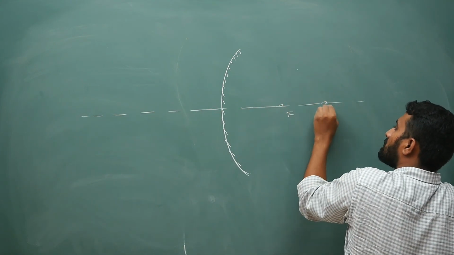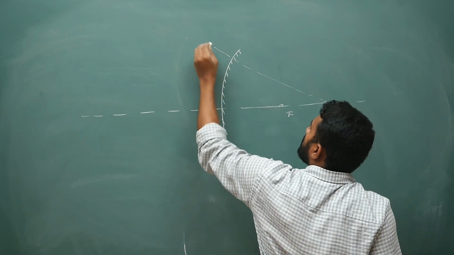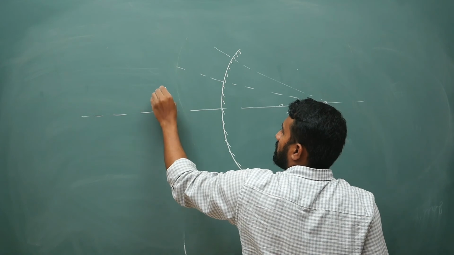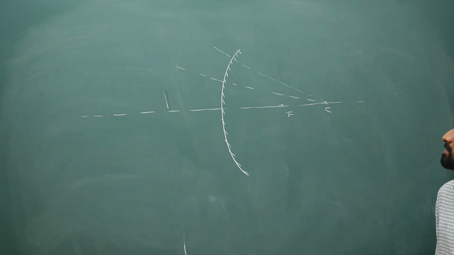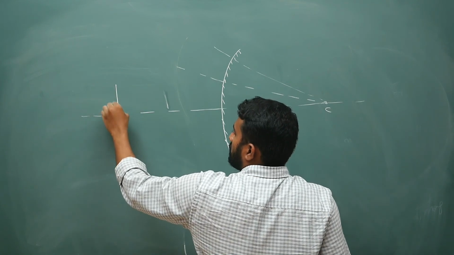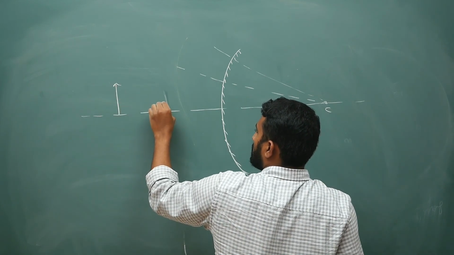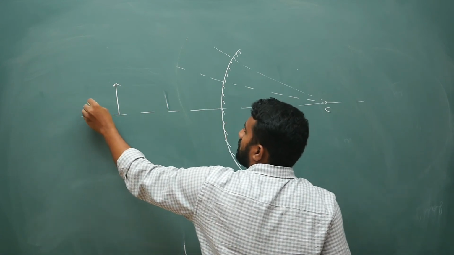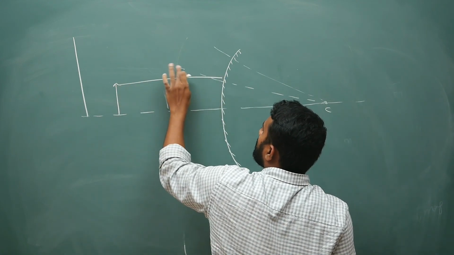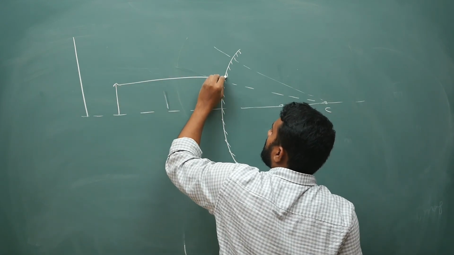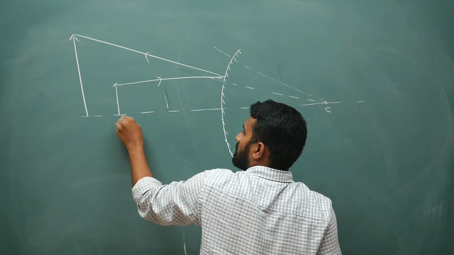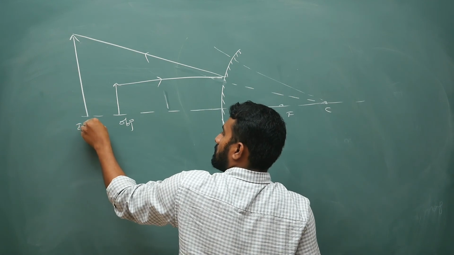This is your focus, this is your center, this is your normal. So you will have an object somewhere here, you can assume one is object and the other is image. A ray will come, strike the mirror, reflect back. This is your object, this is your image.